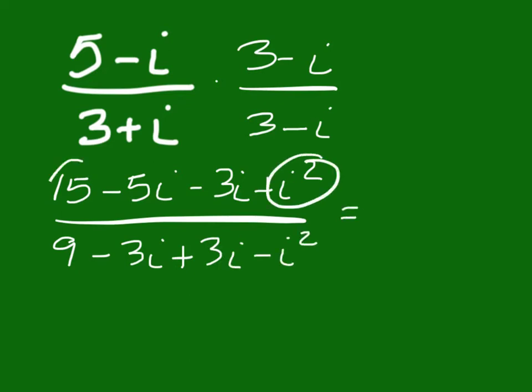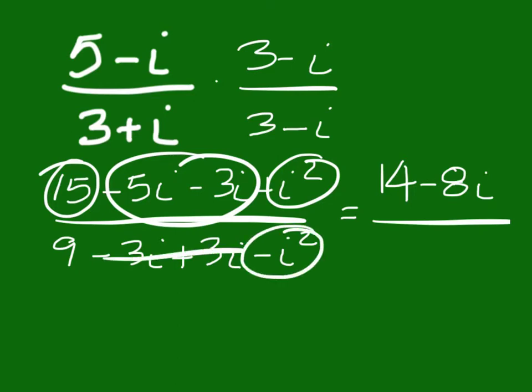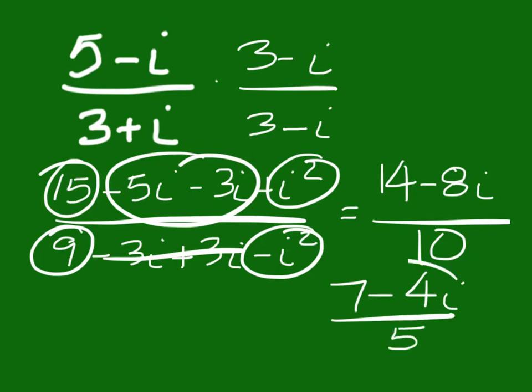This is a -1 and combines with that to make 14. These combine to make minus 8i. On the bottom, these are gone. This becomes plus 1, and with that is a 10, but you can reduce everything to get 7 minus 4i over 5.